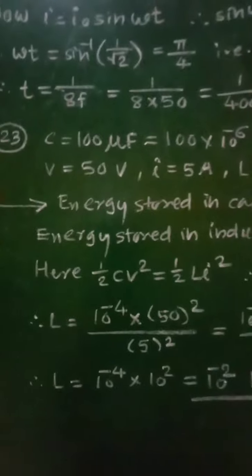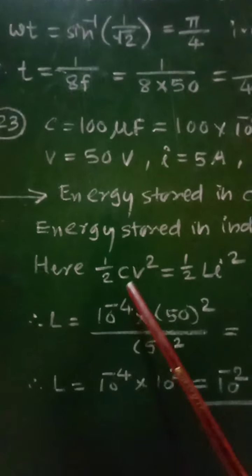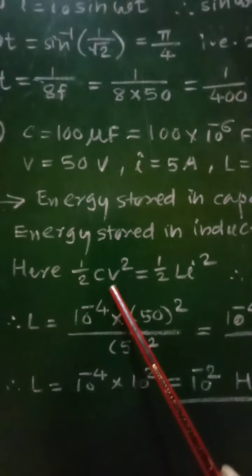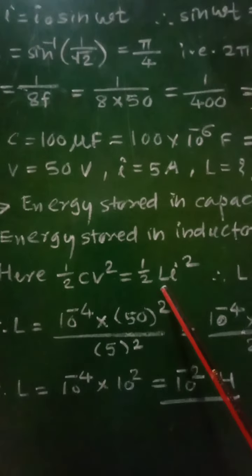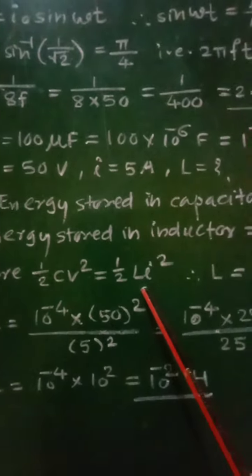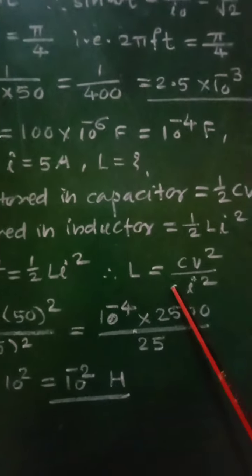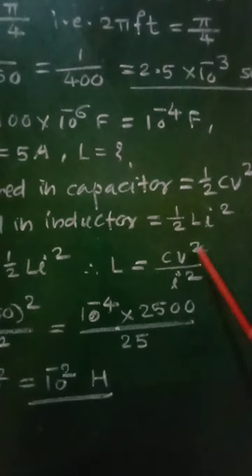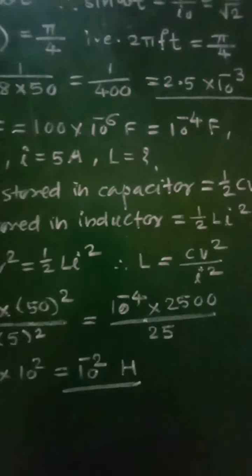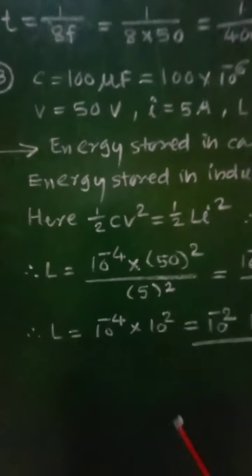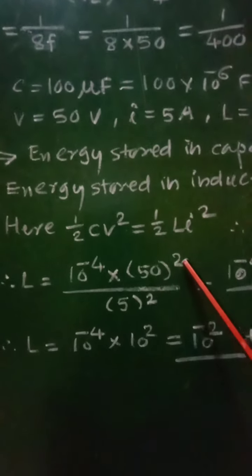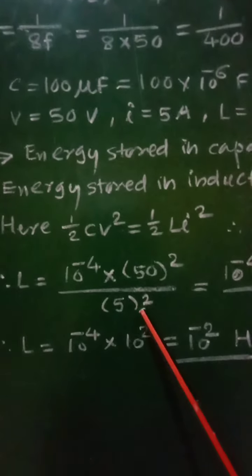Again, in this case, half CV square equal to half L I square, that is energy stored in capacitor is equal to energy stored in inductor. From this, L will be equal to CV square upon I square. Putting the values, we will get L is equal to 10 raised to minus 4 into 50 square upon 5 square.